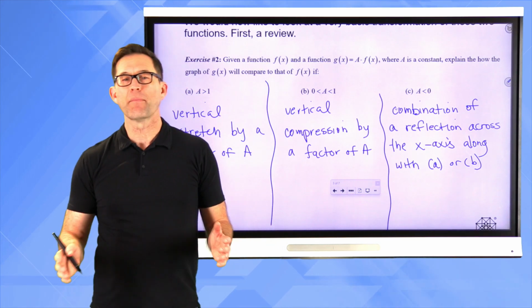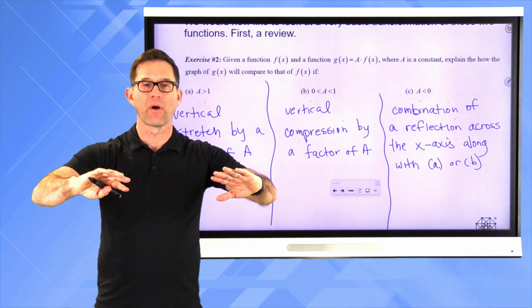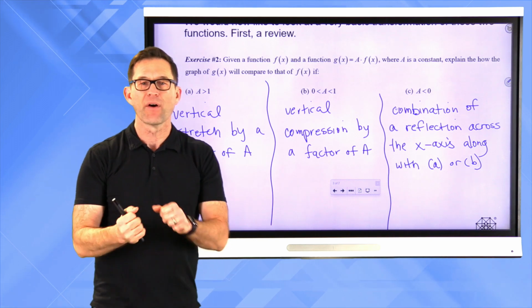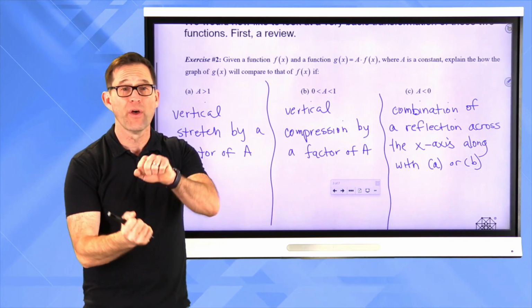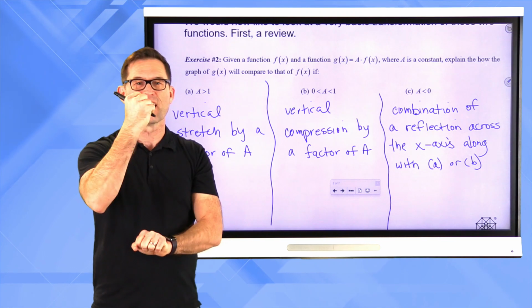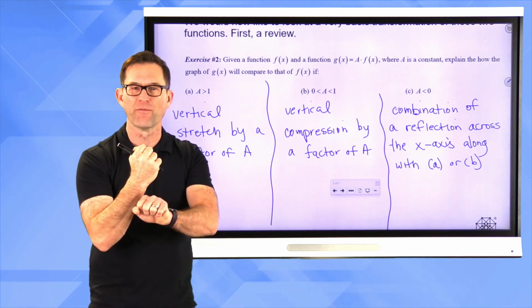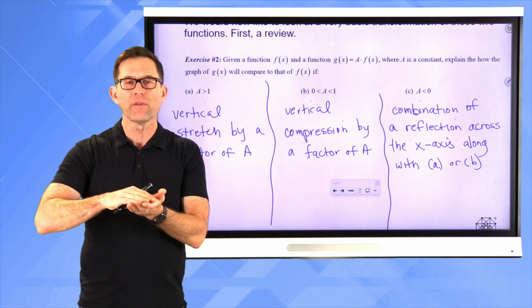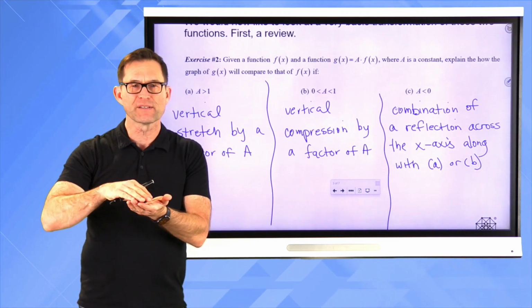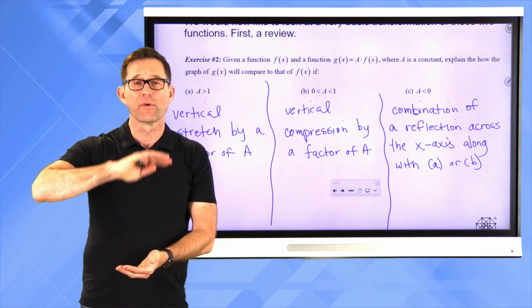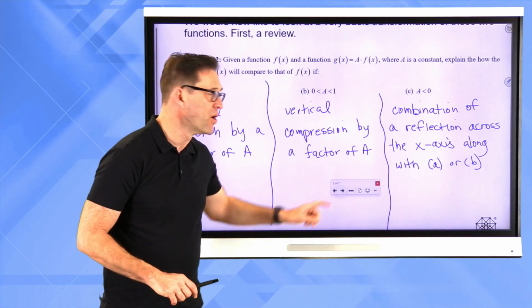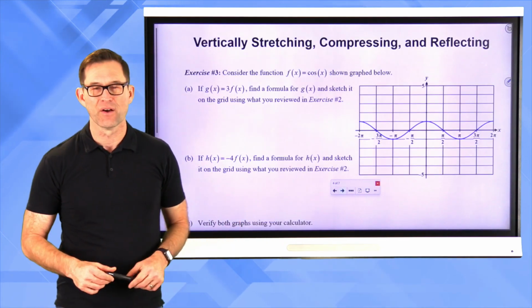So if I multiply by -3, I'm going to flip the graph across the x-axis and I'm going to stretch it out by a factor of 3. If I multiply by -1/4, I'm going to flip it across the x-axis and then compress it by a factor of 1/4. So tossing in a negative there has the effect not only of stretching and compressing, but also reflecting across the x-axis. So let's play around with this, though, with the two functions sine and cosine.